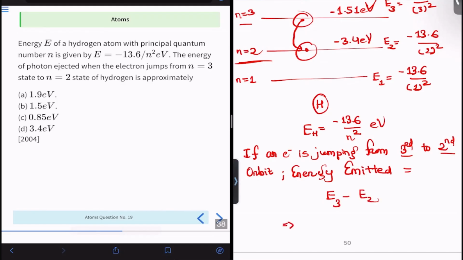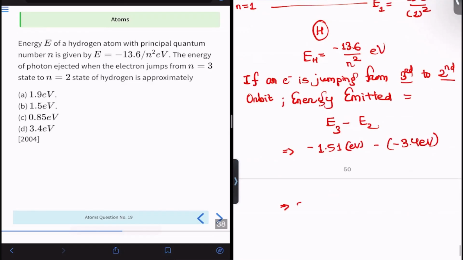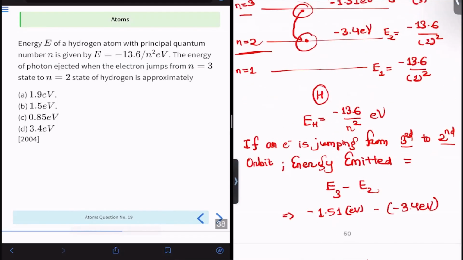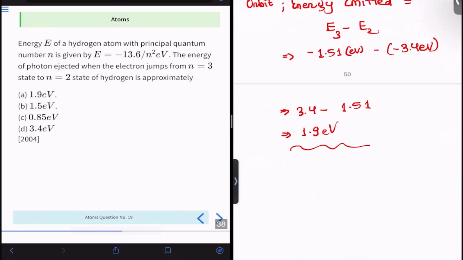So, what is the energy of the third orbit? Minus 1.51 electron volt, minus minus 3.4 electron volt. So, 3.4 minus 1.51. What will be the answer? 1.9 electron volt. So the energy emitted will be 1.9 electron volt, which is our option number A.